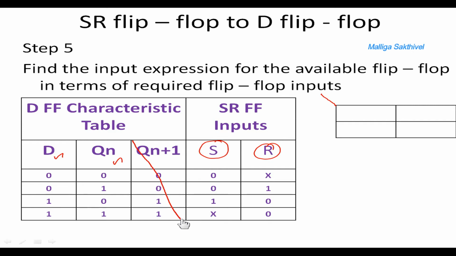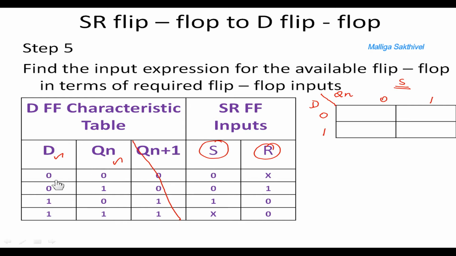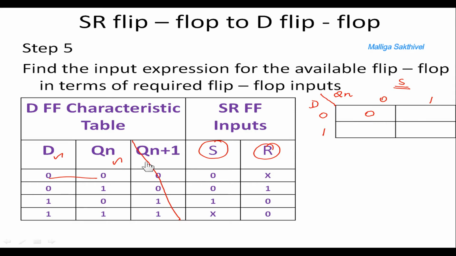So this is the next state, so we should not consider this. So D and Qn, this is 0 1 and this is 0 1, right? For S, we are going to find the expression. For 0 0, our S is 0.